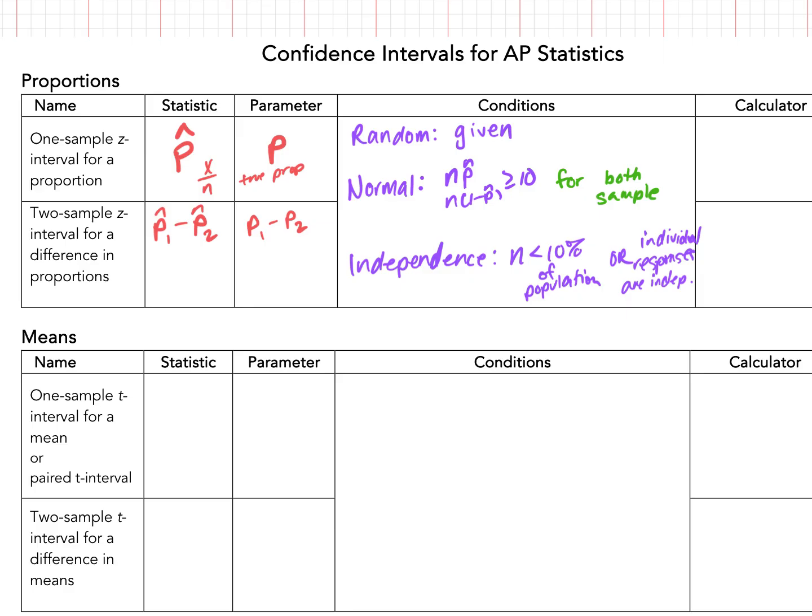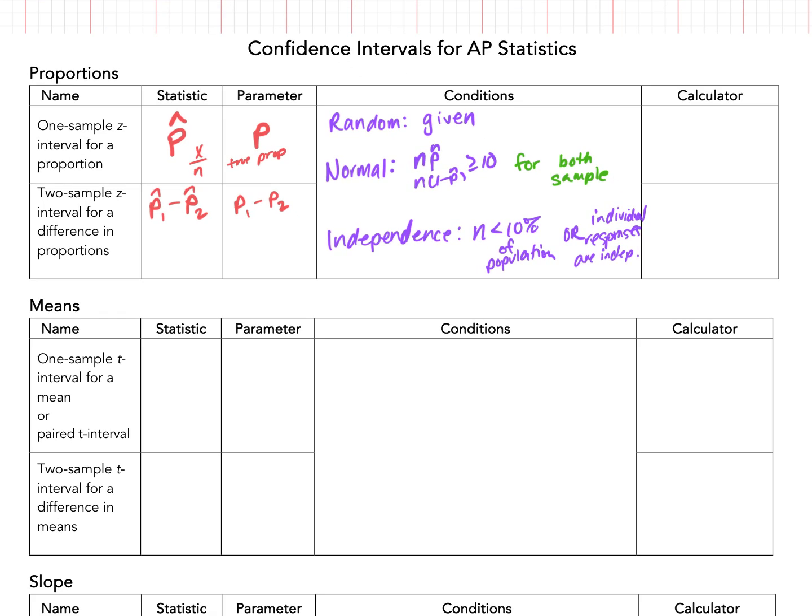All right. The calculator command for these, all of these are in the test menu. You're going to choose 1 prop Z int or 2 prop Z int. Now, remember we talk about our spots where we have choose, check, calculate, conclude, right? Those are our 4 C's.